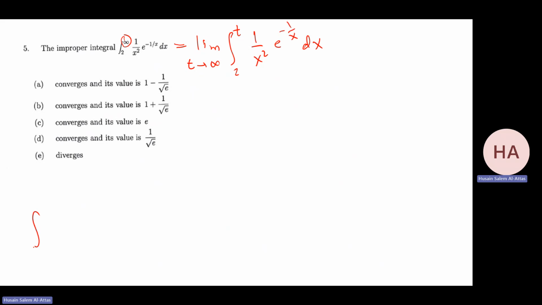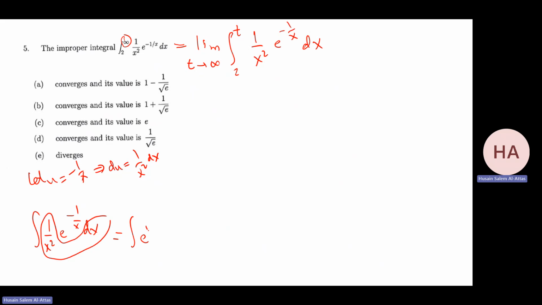This integral actually is an easy one, but let me do it. If I let u equal minus 1 over x, then du is 1 over x squared dx. So this is actually already du. So you have the integral of e to the u du, which is e to the u plus c, which is e to the minus 1 over x plus c.